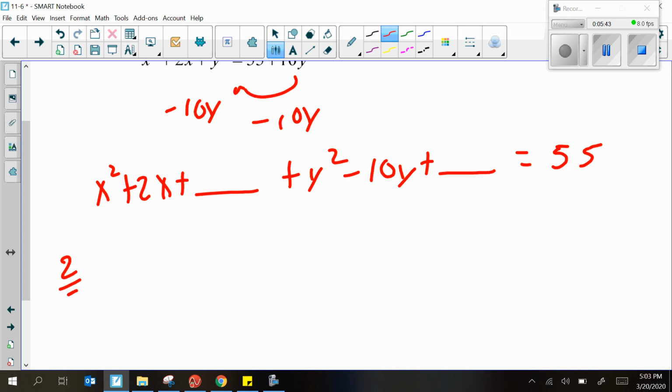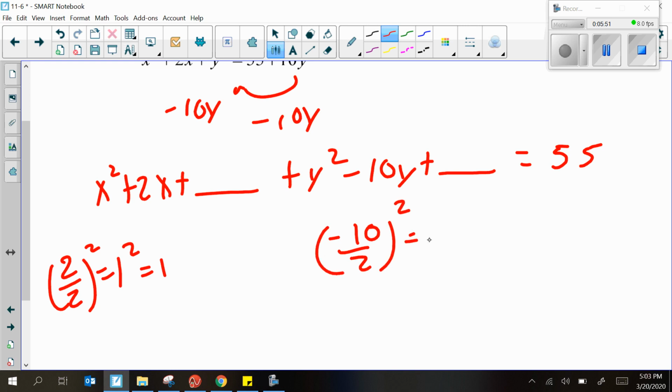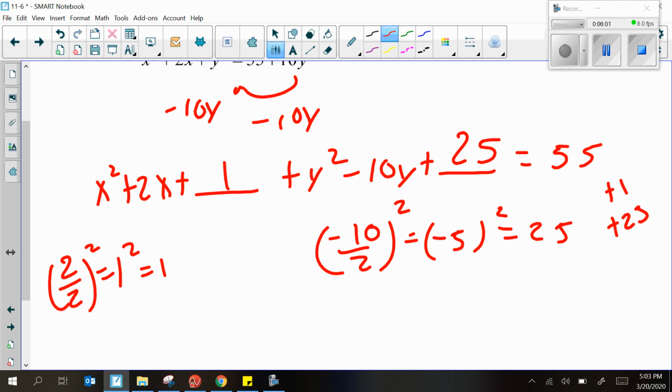Remember, b divided by 2 squared is 1 squared, which is 1. And negative 10 divided by 2 squared is negative 5 squared, which is 25. So I'm adding 1 and I'm adding 25. Don't forget to do it to the right. Add 1, add 25.